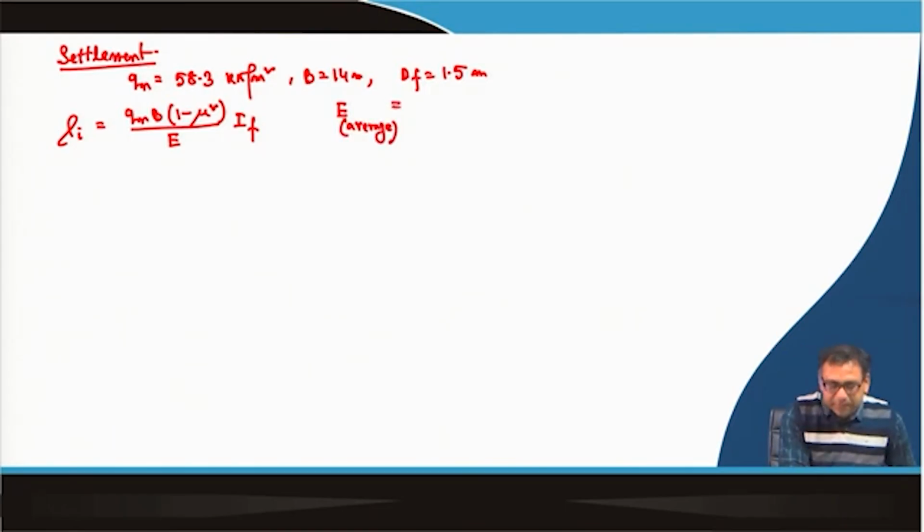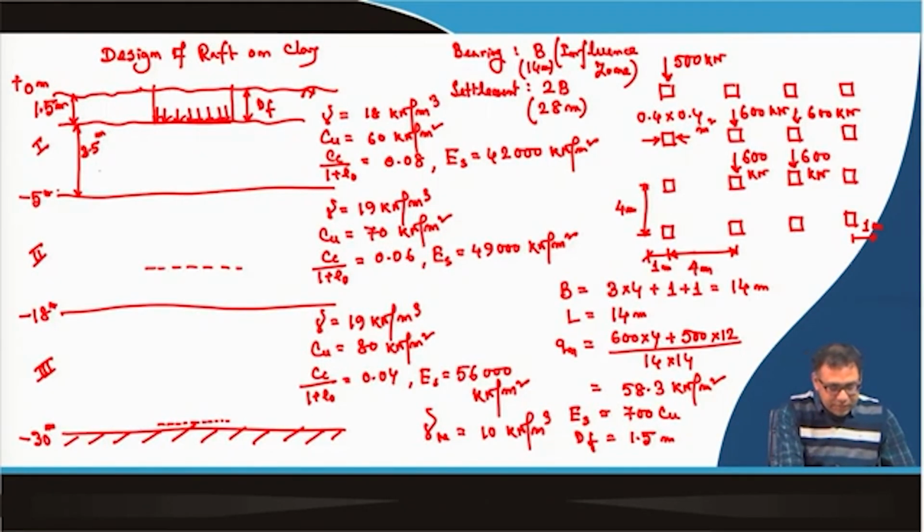Like the previous case, because we considered the weighted Cu value during the bearing capacity calculation, here also we will use the weighted average E value. You can see the first layer is 3.5 meter, the second layer 13 meter, and the last layer 11.5 meter.